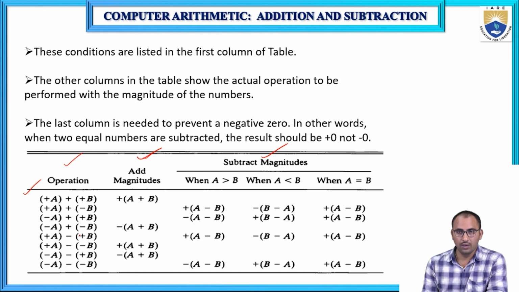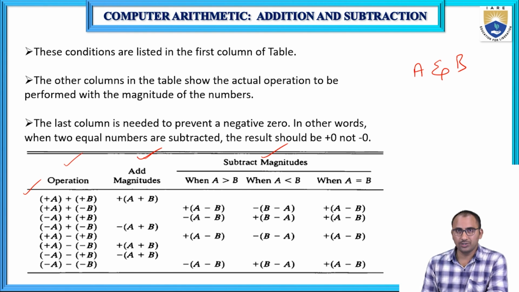Okay, so see here, we have already seen that in order to perform this addition and subtraction, we have considered two registers. One is A and another one is B. These are the two registers.